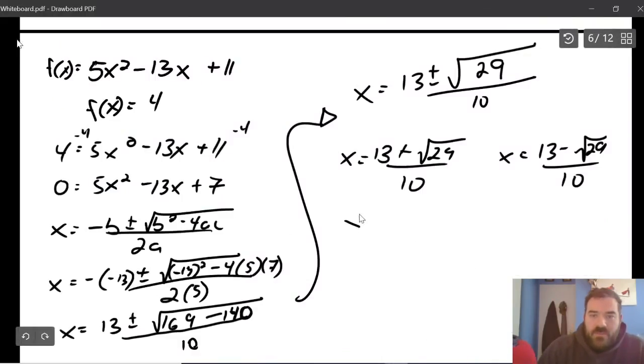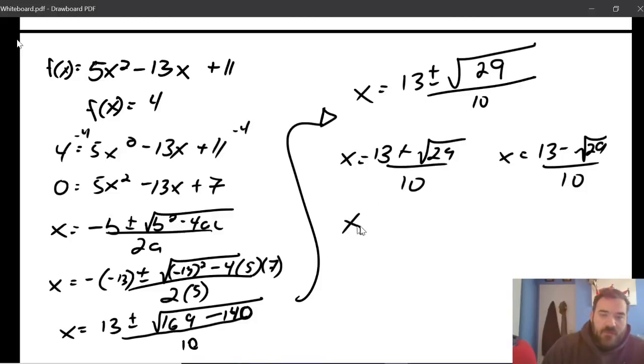All right, so x is equal to, and you can just do this on your calculator, because I don't know the square root of 29. So 13 minus, and then I can use brackets, the square root of 29 equals divided by 10.